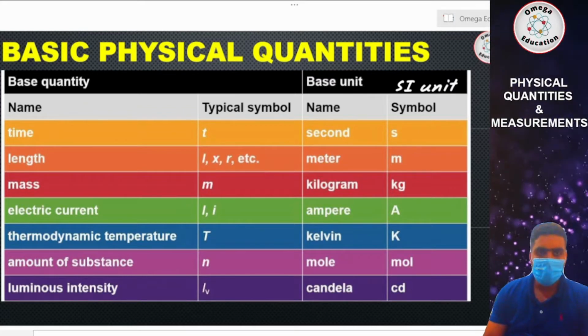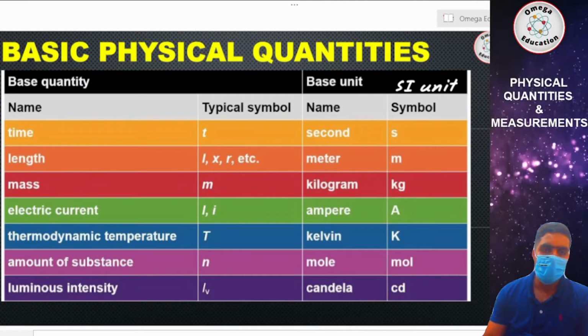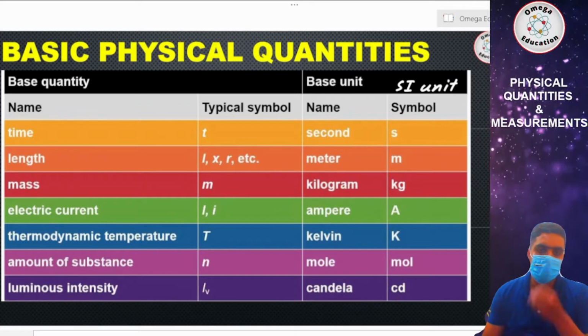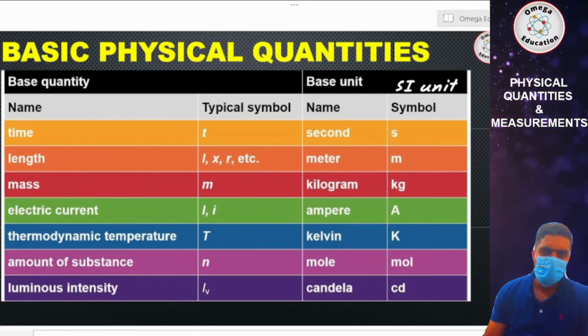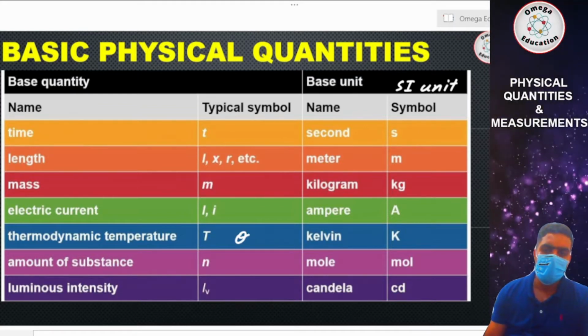Mass, the standard unit is kilogram. Electric current, ampere. Thermodynamic temperature, which is represented by T and sometimes also by theta, is measured in Kelvin. Other units are degree Celsius and degree Fahrenheit, but the standard one is Kelvin.